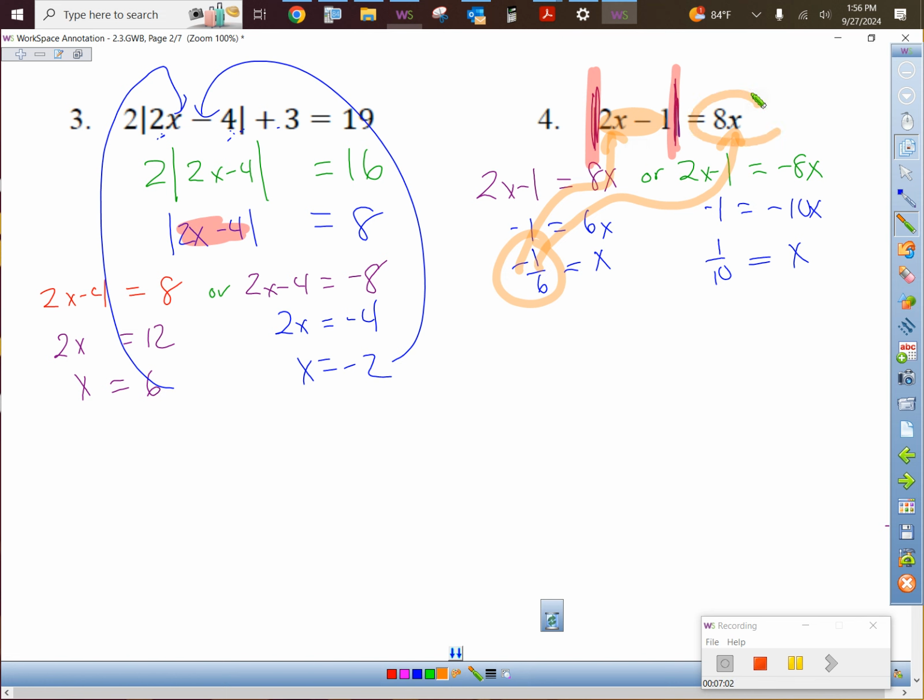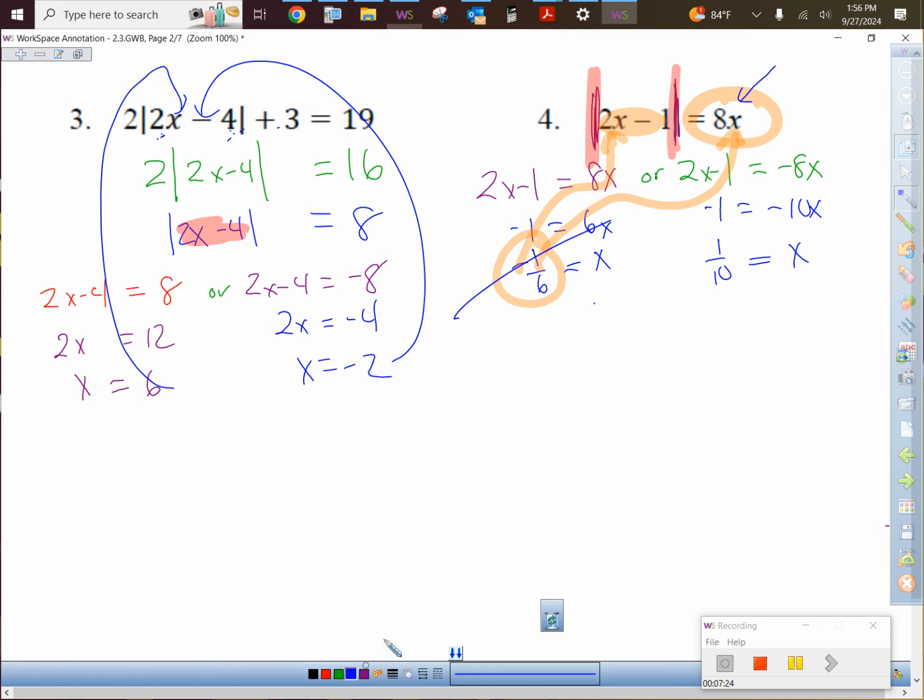Who cares what's over here? What will that turn out to be sign-wise if I put a negative 1/6 in there, positive or negative? That'll turn out to be negative. There is no way that negative 1/6 is an answer to this situation because it's going to make this side negative, and that can't happen. So even though algebraically we did nothing wrong, this is an extraneous answer.